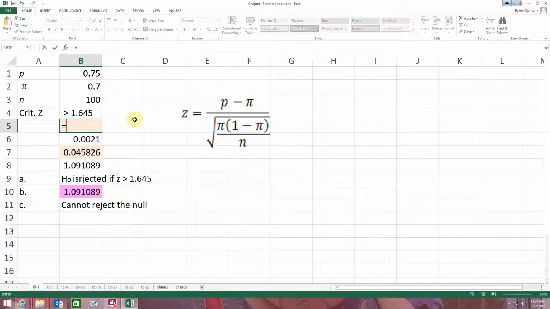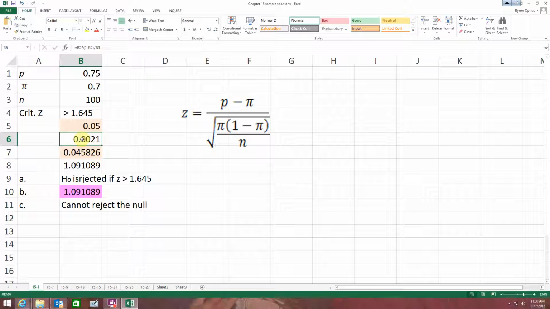So I broke this down. The top part is just going to be equal to my p minus my pi. I know my language just sounds weird, doesn't it? And then I've got the pi times 1 minus pi divided by n included in here, so it's simply equal to my pi times parentheses 1 minus pi. I don't know who laid awake nights to come up with all these formulas.